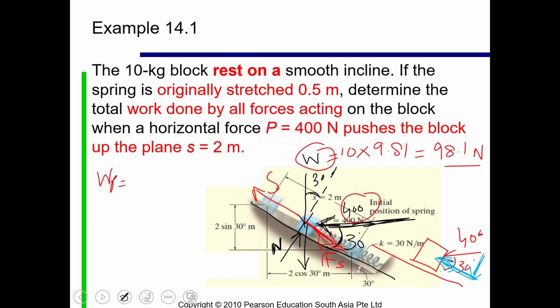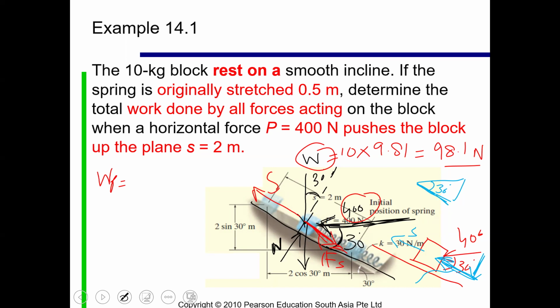So should this component be the cos component or the sine component? The one which is in the direction of S should be 400 cos 30 or sine 30? Is it sine or cos? See again, the triangle. It's cos 30. Yes, it is cos.